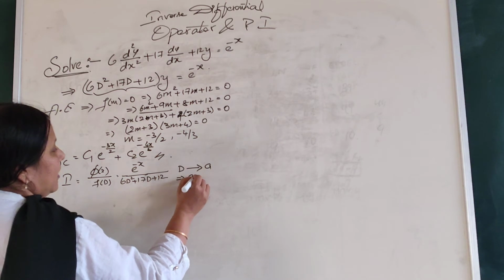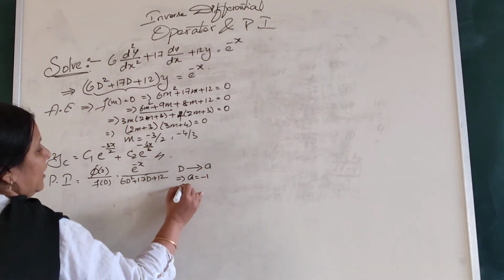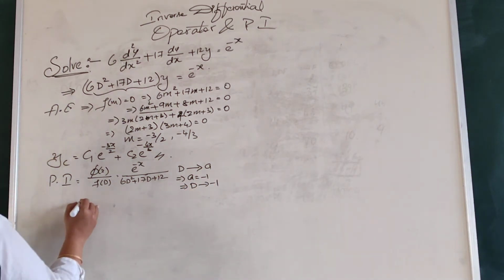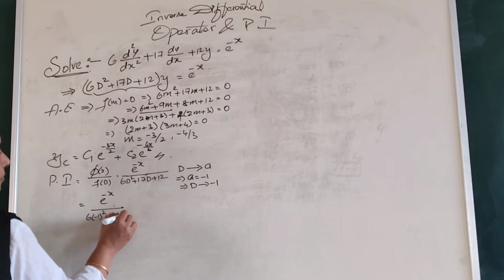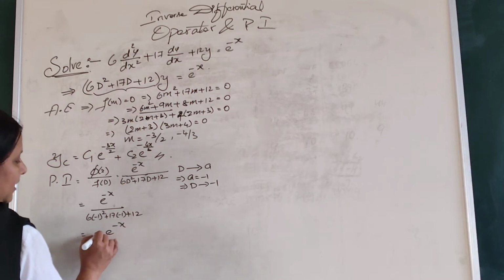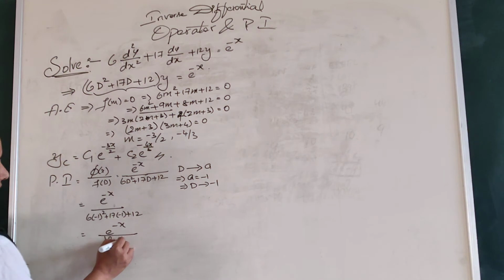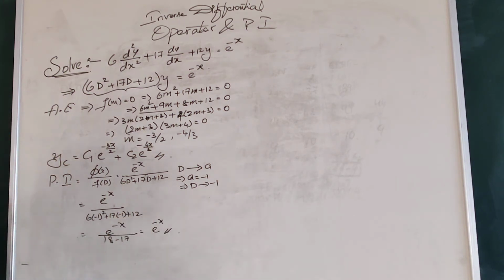But a in this case is the coefficient of x in the exponential form, that is minus 1. So substituting d by minus 1, we get e power minus x divided by 6 times minus 1 the whole square plus 17 into minus 1 plus 12. Simplify further, e to the power minus x divided by 6 plus 12 is going to be 18 minus 17, that is equal to 1. So e power minus x is the particular integral in this particular case.